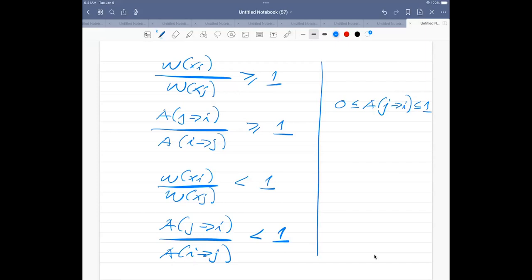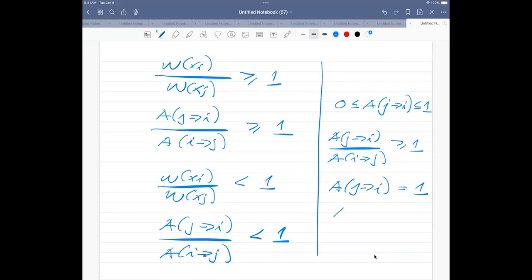So if you use this kind of reasoning, so the max value, so when the probability A(I goes to J) is larger or equal to 1, then you take the max value. So then you say that A(J to I) is just equal to the largest value.